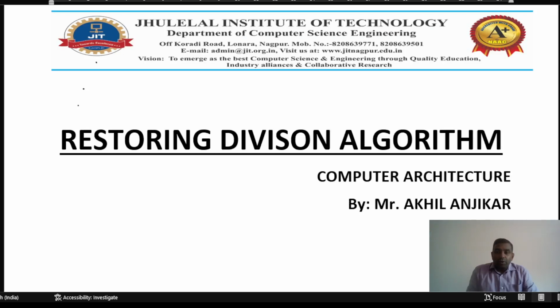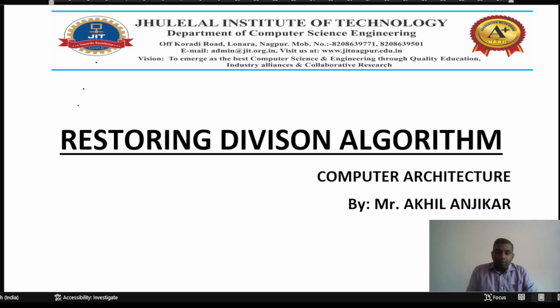So today we are going to discuss the topic of computer architecture subject, that is restoring division algorithm. When a computer performs a division operation, whatever operation is performed should be in binary.